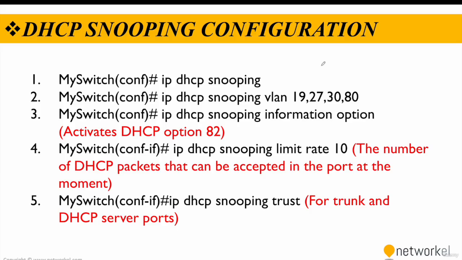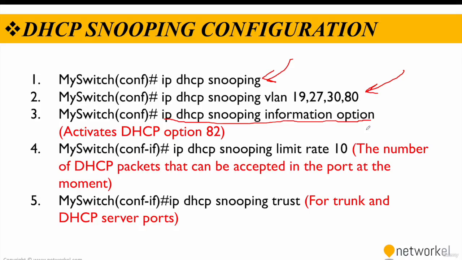And this is how I'm doing the configuration for DHCP snooping. First of all, I need to enable DHCP snooping globally by typing the ip dhcp snooping command. Then I enable DHCP snooping on the specific VLANs where I want to protect DHCP traffic. Then I type ip dhcp snooping information option.